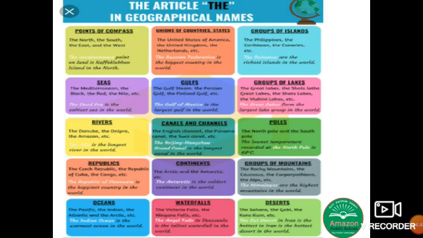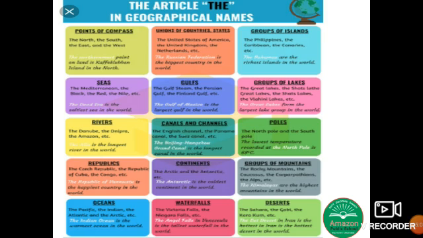For example, the Taj Mahal, the India Gate, the Red Fort. You can also use the before holy books or newspapers, for example, the Gita, the Quran, the Bible, the Hindu, the Deccan Chronicle.